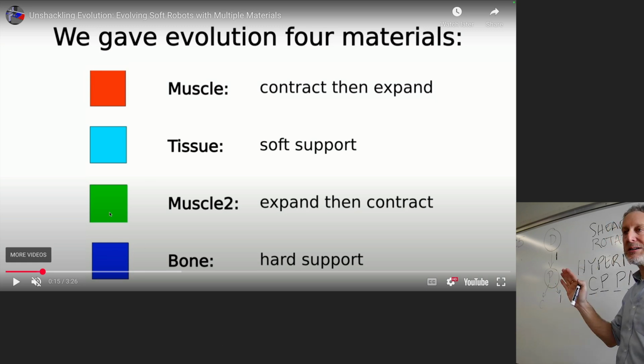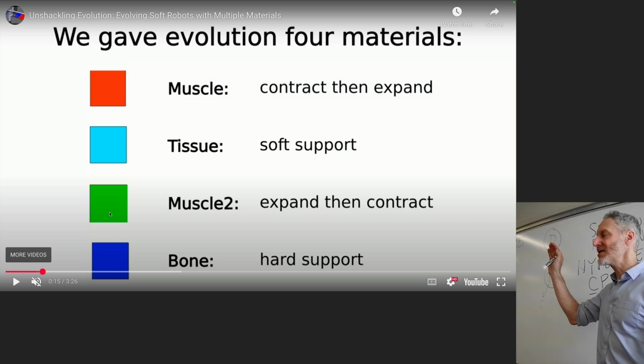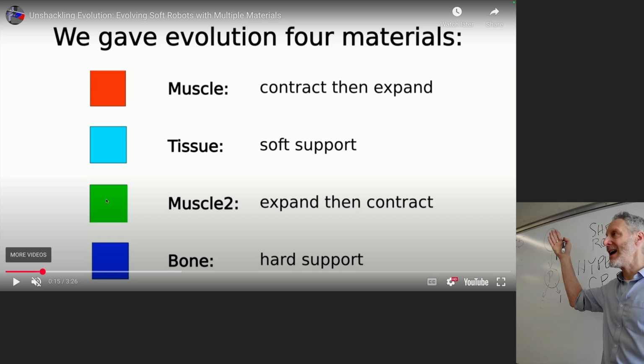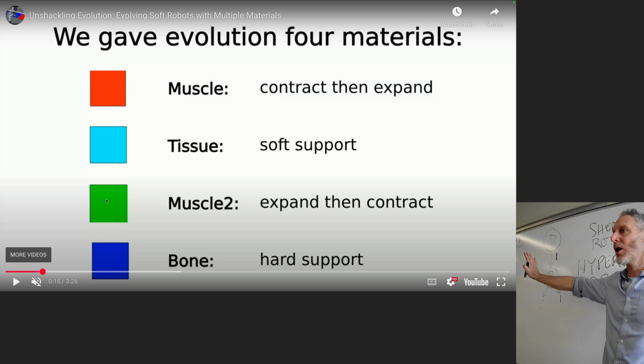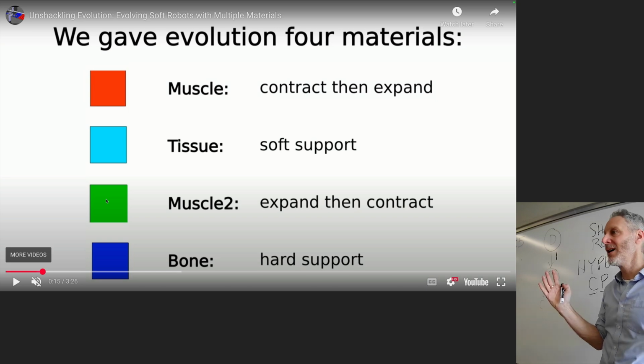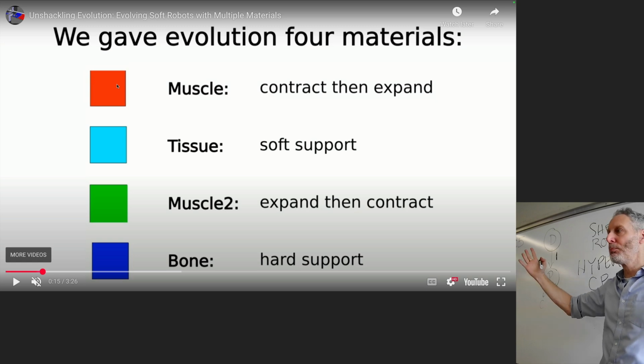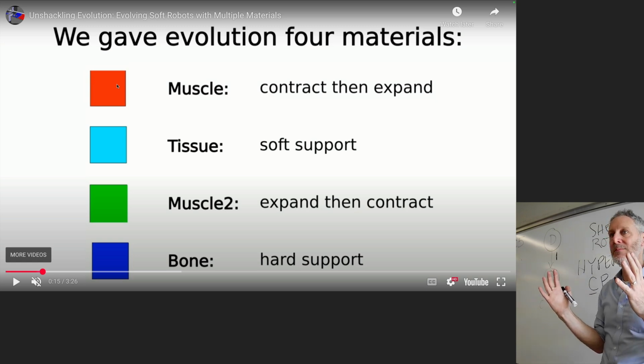Okay, the green voxels are exactly the same as the red voxels, but at any time step in the simulation, whenever the red voxels are pushing on their neighbors, the green voxels are pulling on their neighbors. If there's 2 or more red voxels in the body of the robot, all of those red voxels push out on their neighbors at the same time, and they all pull on their neighbors at the same time.